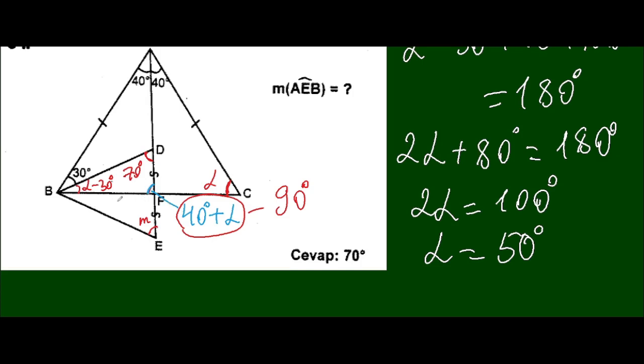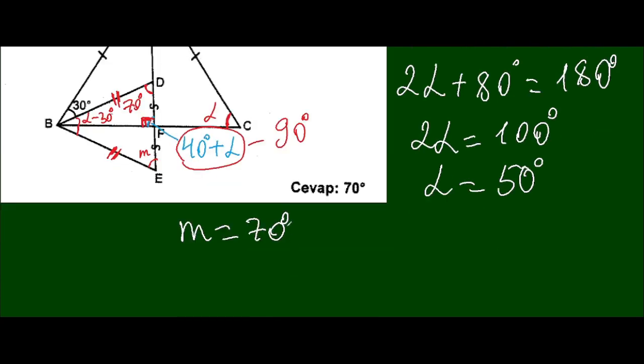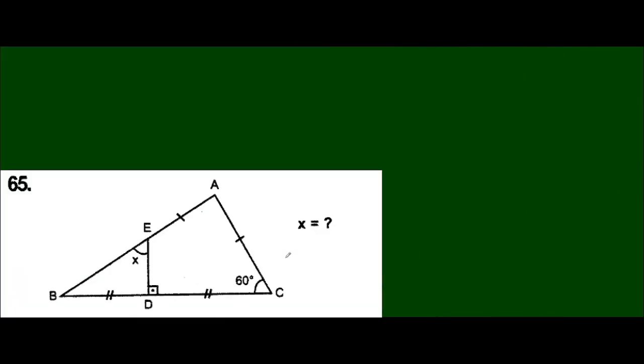So this is 90 degrees, and we know also that in an isosceles triangle, these sides will be equal. So the angle 70 and M will be equal. So M has to be 70 degrees. We found it, and it's true. So let's move on.